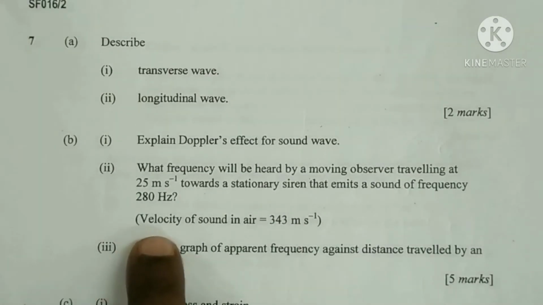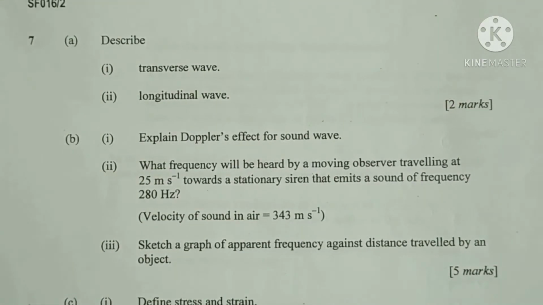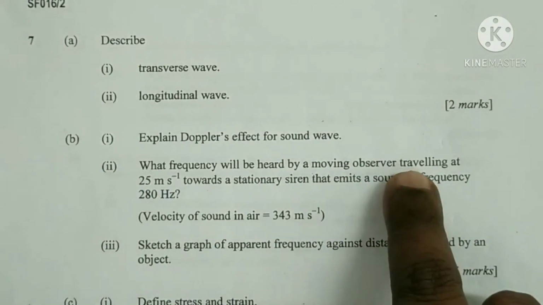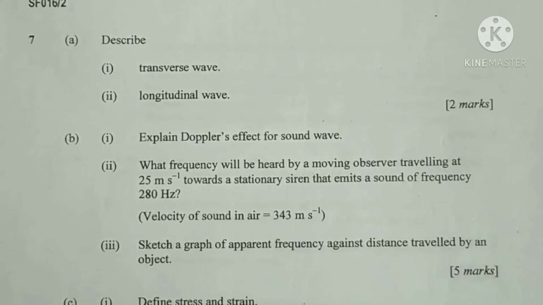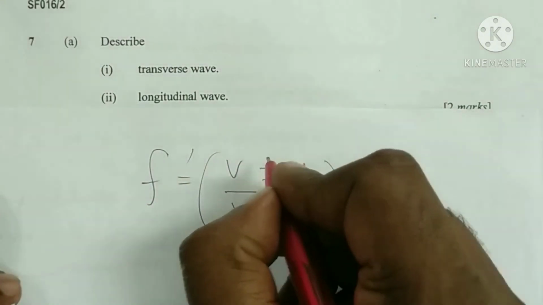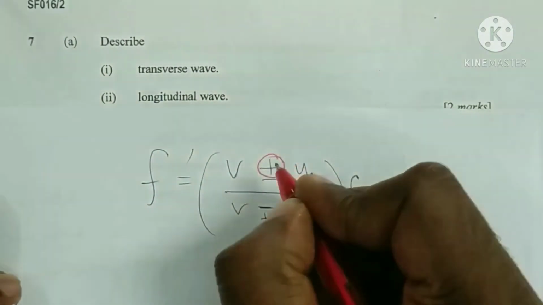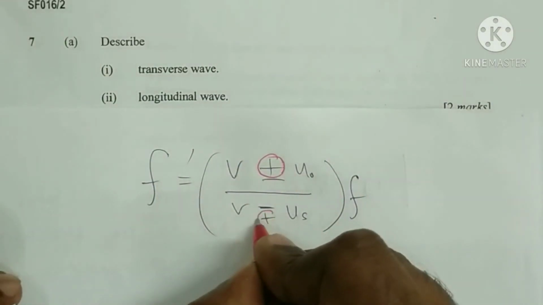Given the velocity of sound in air is 343 meters per second. The question is about the observer traveling towards a stationary siren, so it is approaching. When it is approaching, using the Doppler effect formula, the numerator at this portion should be positive and the denominator should be negative.